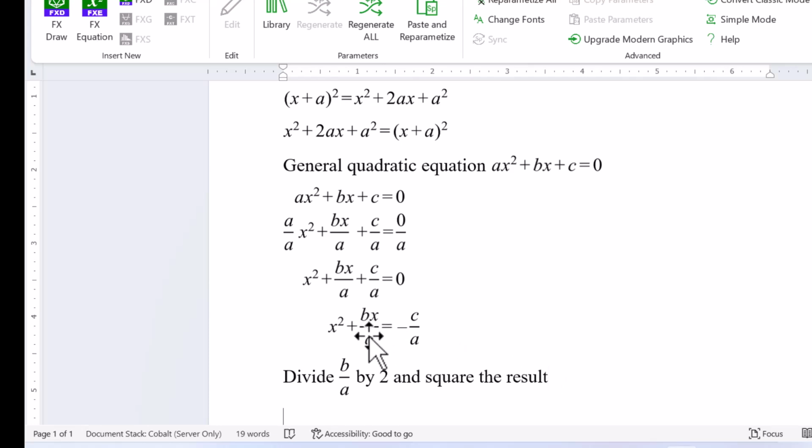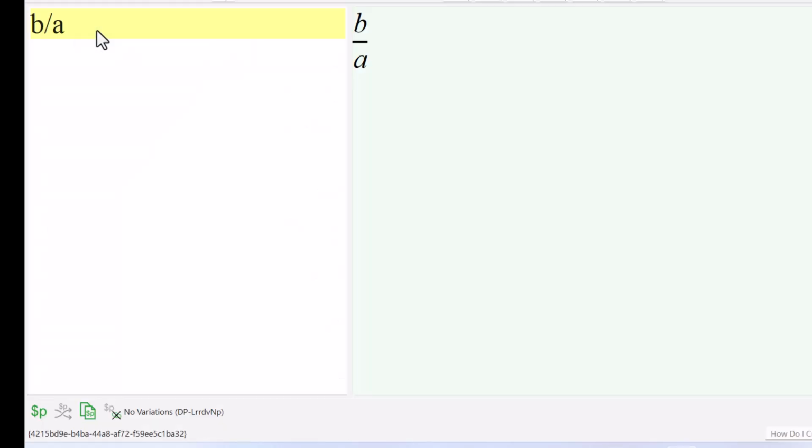So this is b over a. Let me go and divide it by 2 in this place. So I have my b divided by a, divided by 2. So what will this give me now?